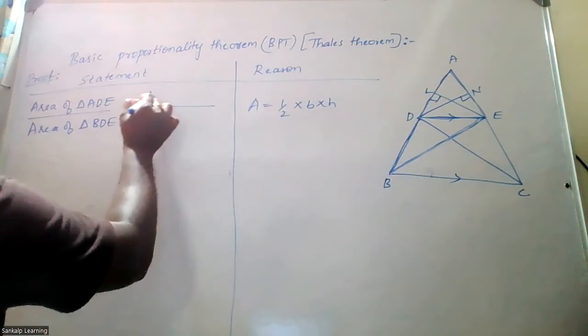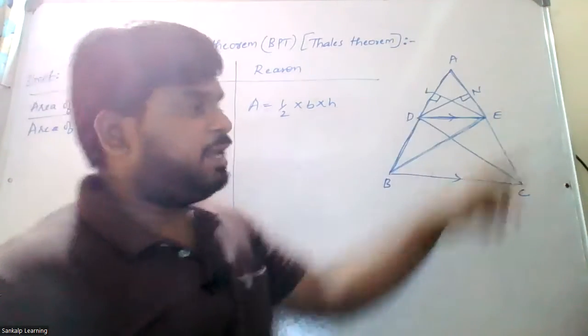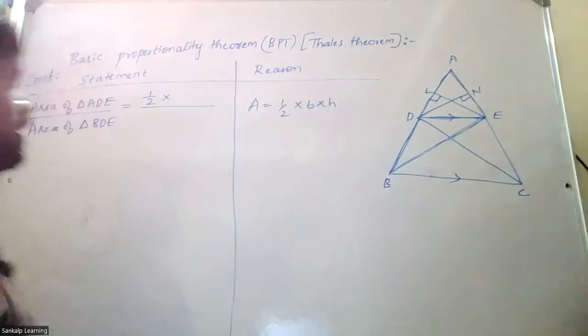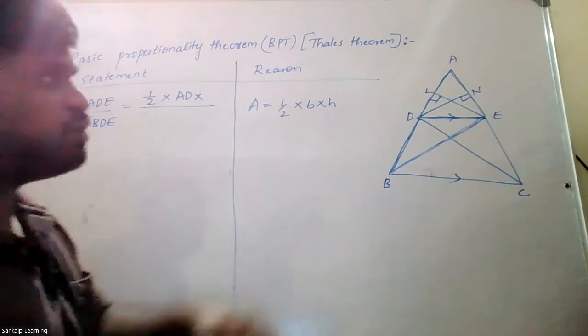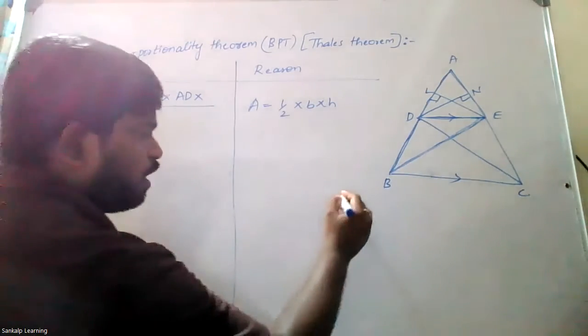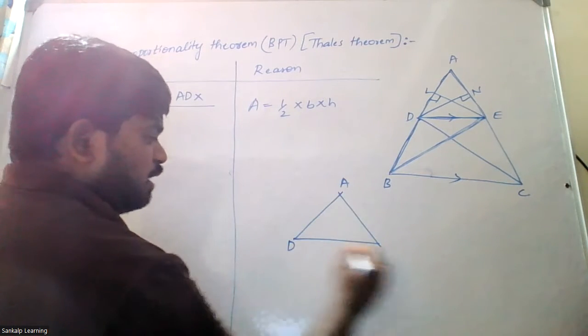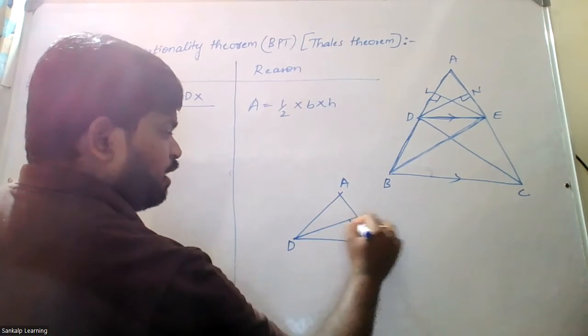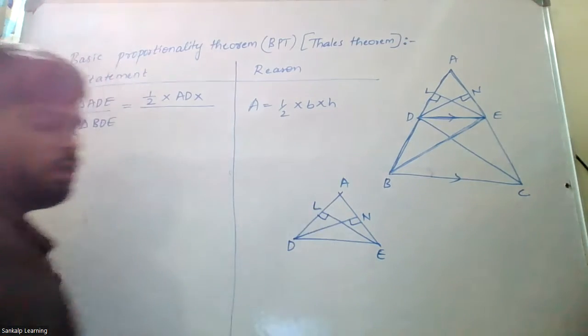So let me write half into, for this triangle ADE, let me take AD as the base. If I take AD as the base, it's very obvious. If you want, let me draw ADE separately. ADE is like this. There is a perpendicular DN and there is a perpendicular EL. Okay.